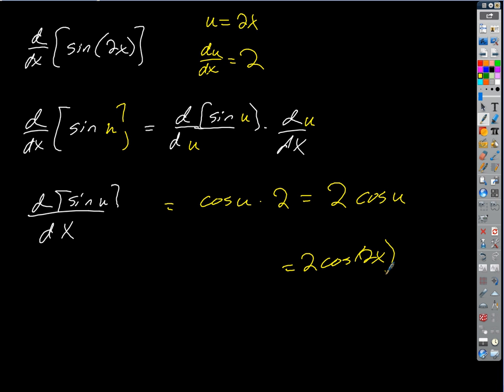Okay, get the idea? There is a better way. This works, but we're going to come up with a better technique. Let's think of it this way instead. Let's write the derivative in function form instead of ratio form. If we want the derivative with respect to x of f of g of x, what's this equal to?